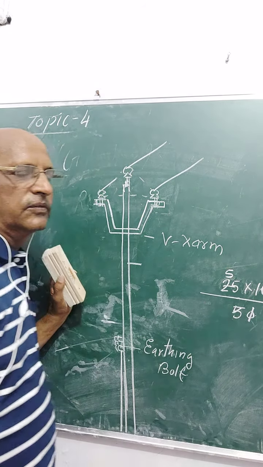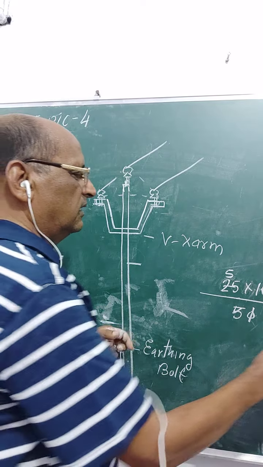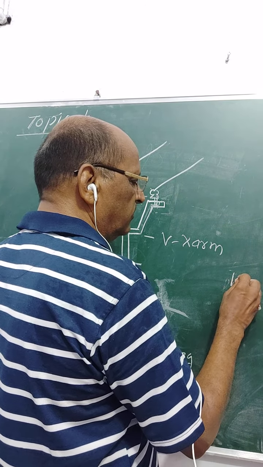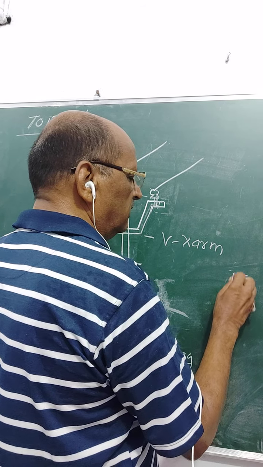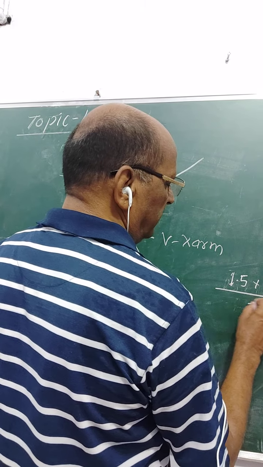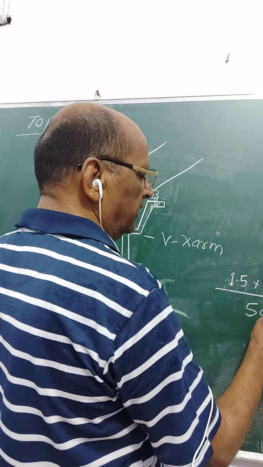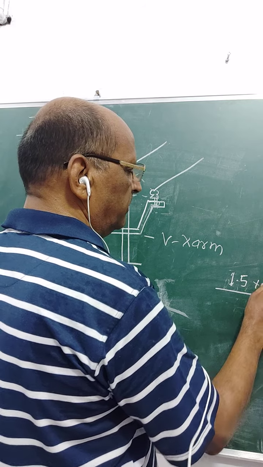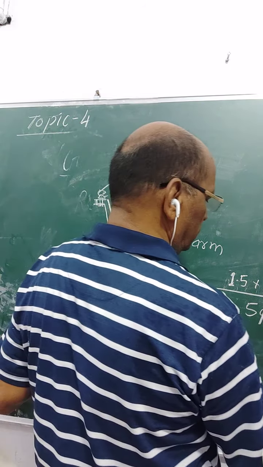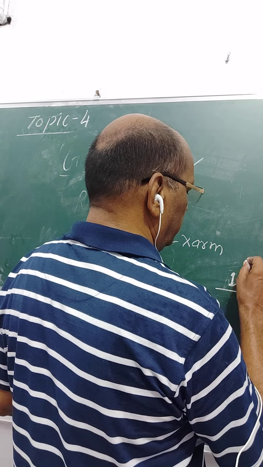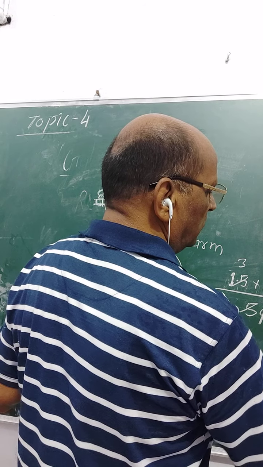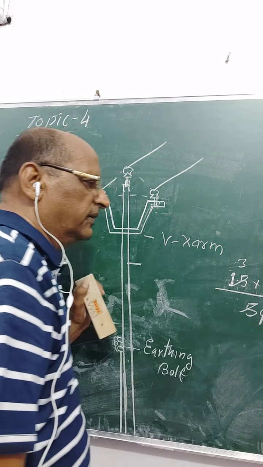This is a big line. If you take a small estimate, suppose we go for a 1.5 kilometer line. So 1000 converted into meter divided by 50, and multiplied by 1.5, so this will be 30 plus 1, 31 poles will be there.